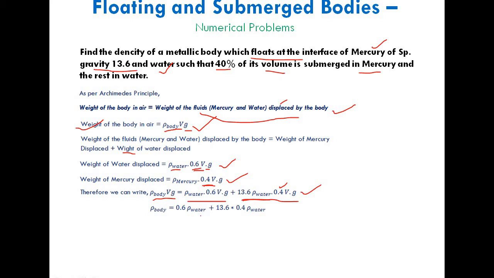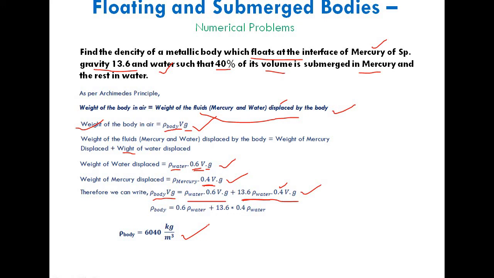We know rho of water is 1000 kilogram per meter cube. Substituting the density of water, you get the density of the body as 6040 kilogram per meter cube.